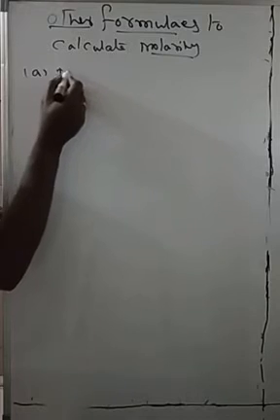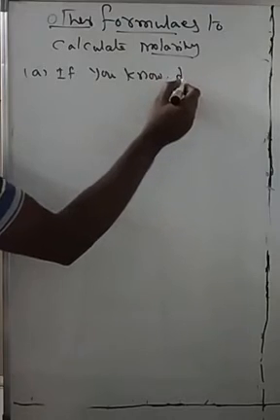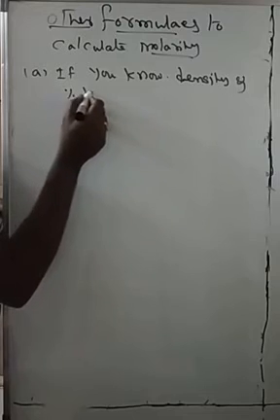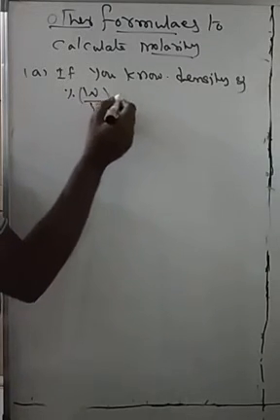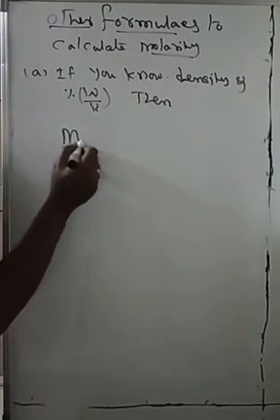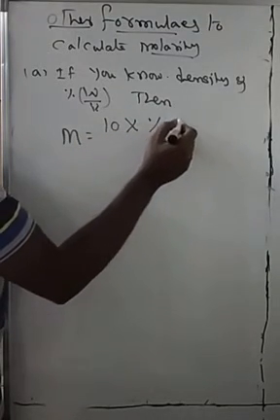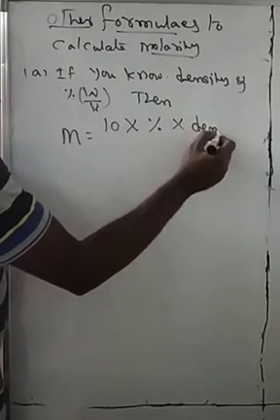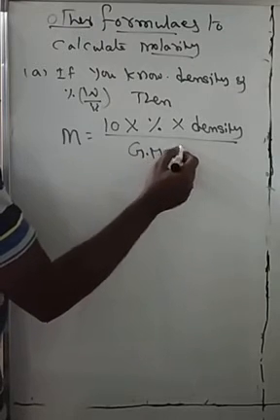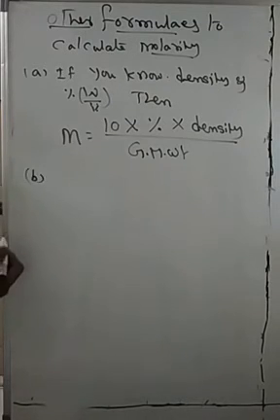So, if you know the density and percentage weight by volume, then molarity is equal to 10 into percentage into density by gram molecular weight. This is one of the methods for calculating the molarity.